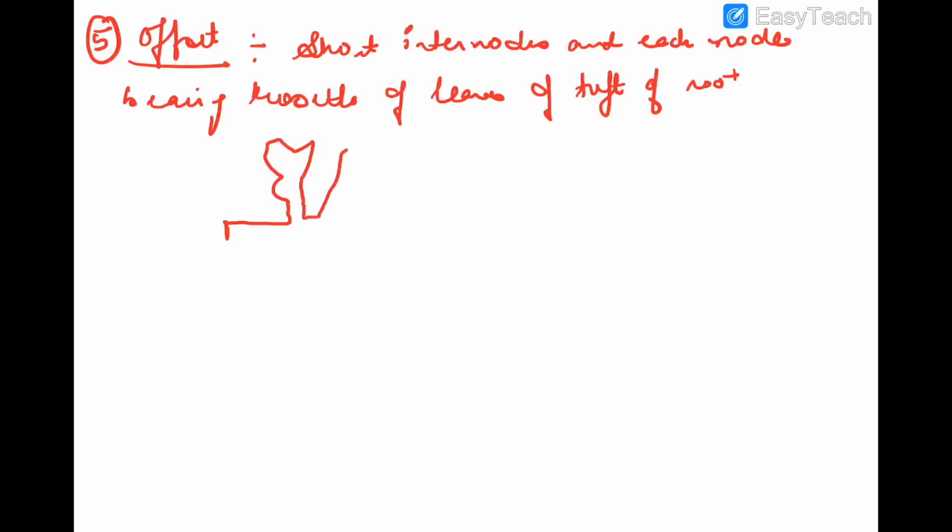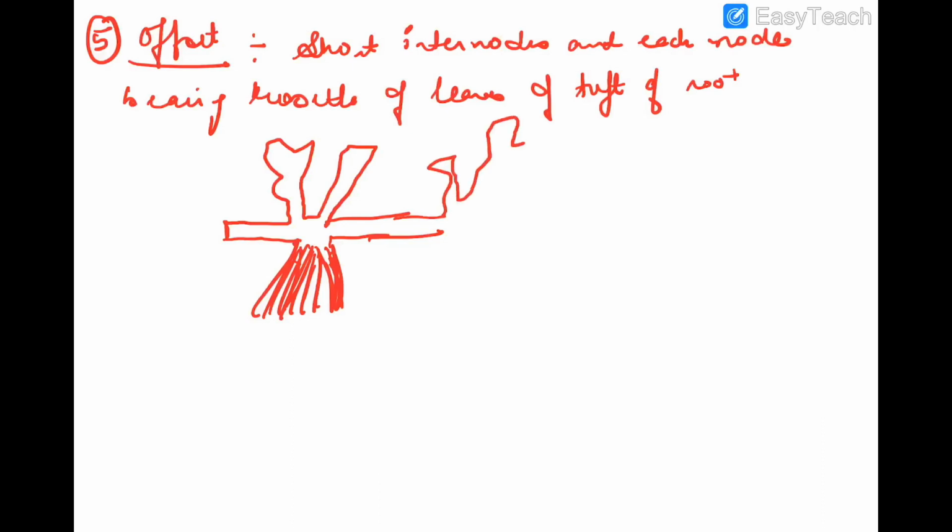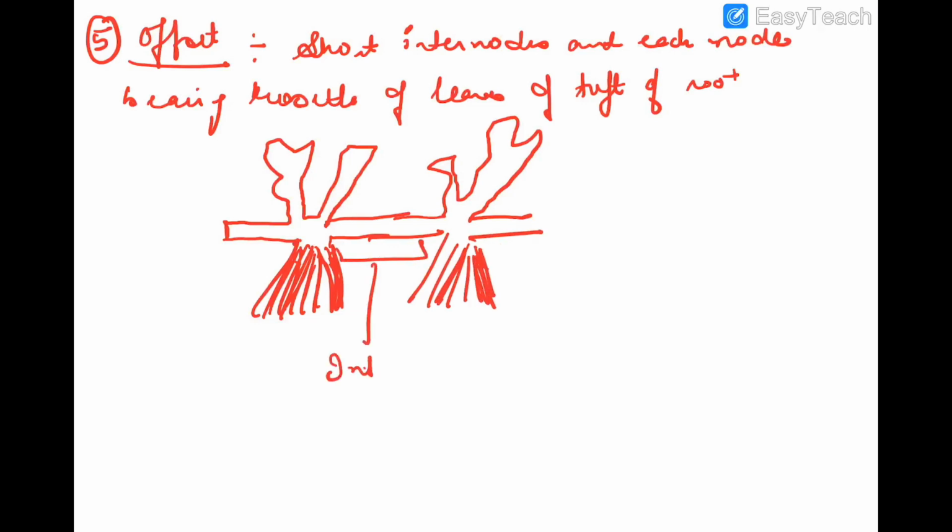So if this is the stem, then if this part is the node, it will bear here tuft of leaves and it will bear rosette of leaves, and then there would be a short internode, then again there would be a tuft of leaves and then tuft of roots. So this distance is the internode, and this part is the node from where is arising tuft of roots, root tufts, and rosette of leaves.